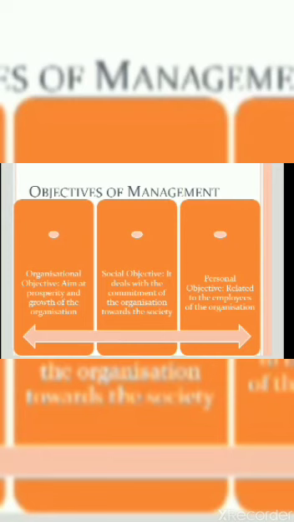The main individual objectives of management are competitive salary, personal growth and development, like promotion, training, etc. Peer recognition means self-respect and respect for colleagues. Social recognition, good and healthy working conditions. So these are the objectives of management.